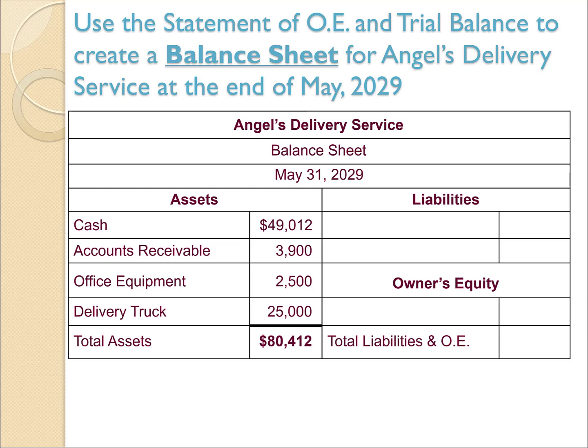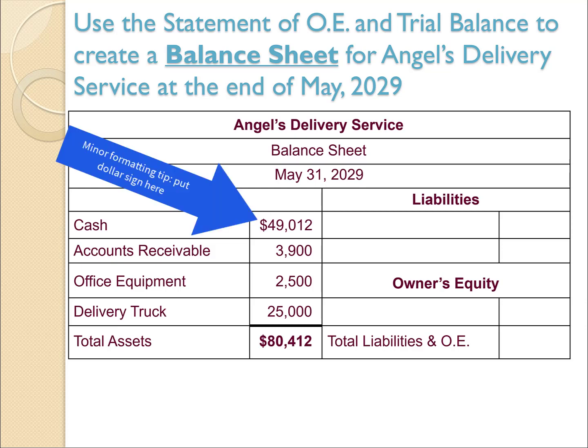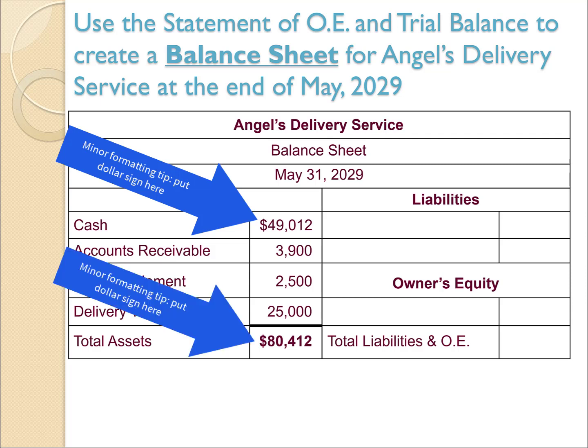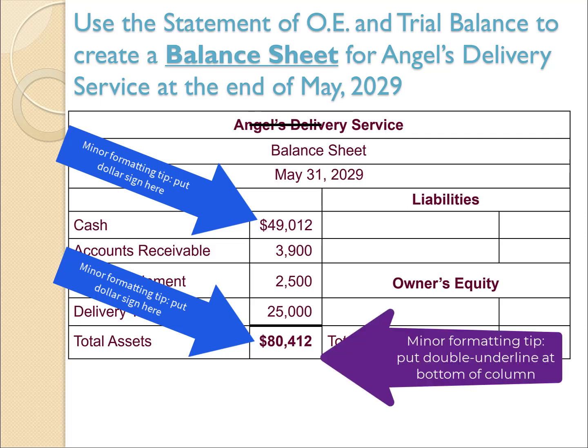Now I'm going to talk about some formatting issues right now, but it's very minor. Notice for a dollar sign, they only have a dollar sign at the top of the column and the bottom of the column. And then since we're done with this column, what do we put at the very end? We put a double underline right here.